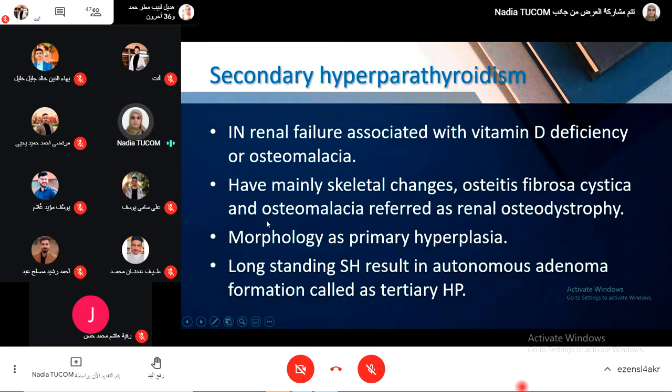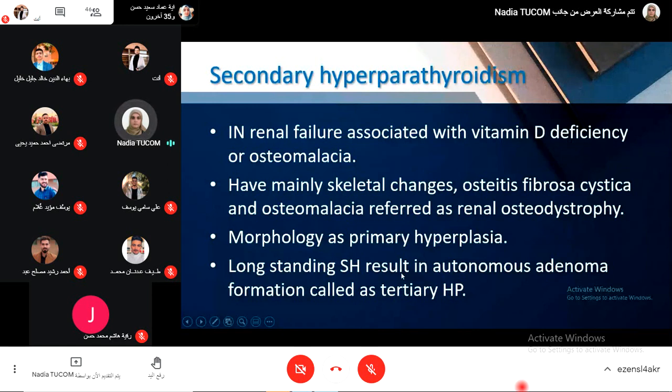The morphology, as in primary hyperplasia or hyperparathyroidism, is of the secondary type, related to a patient with chronic renal failure. So long-standing secondary hyperparathyroidism results in an autonomous adenoma.